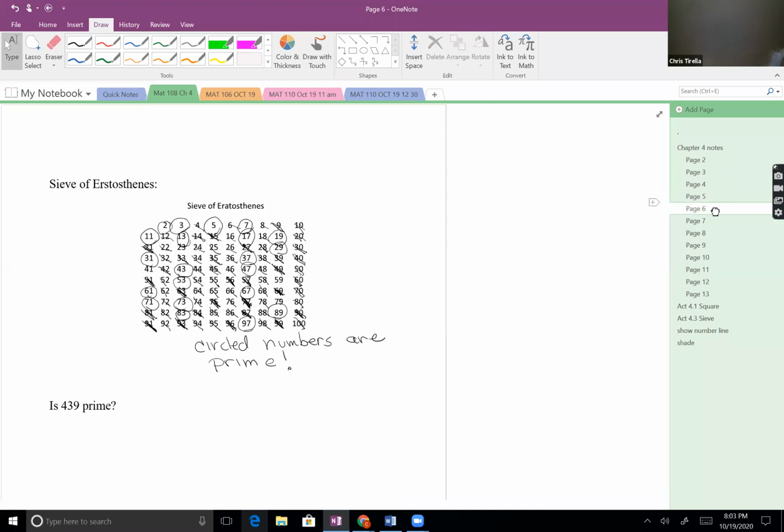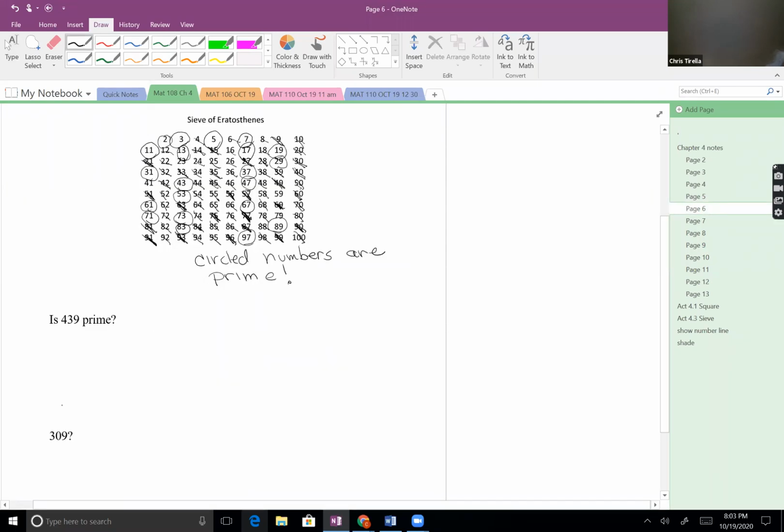And so to determine if 439 is prime, the first thing I'm going to do is estimate the square root of 439. And so the square root of 439, and I took the liberty of working this out before, is approximately 21.